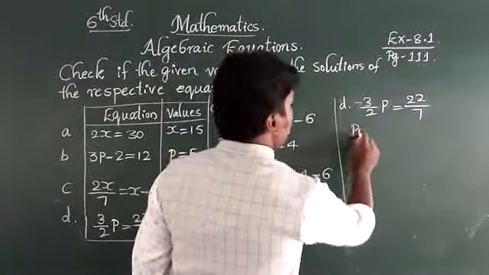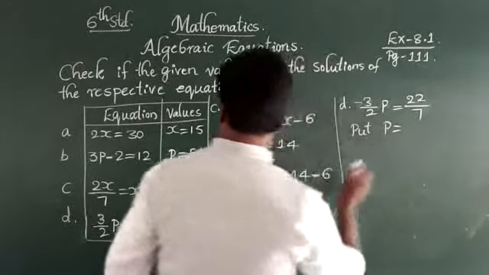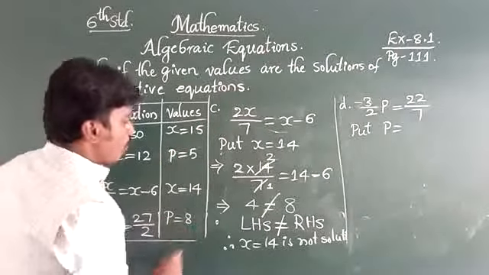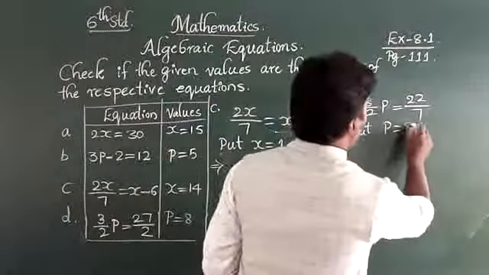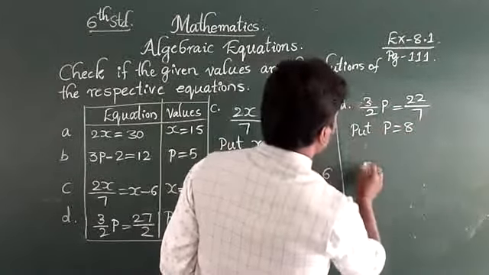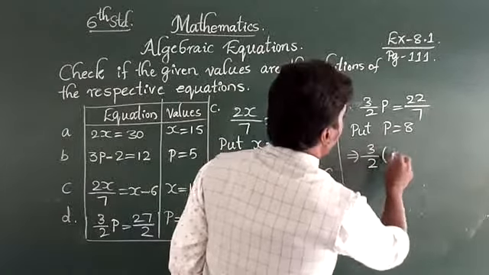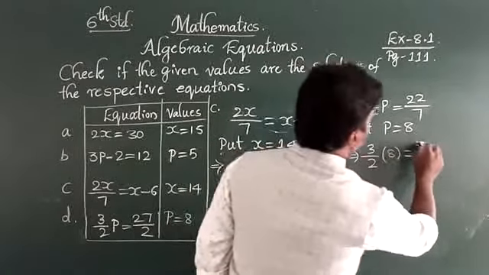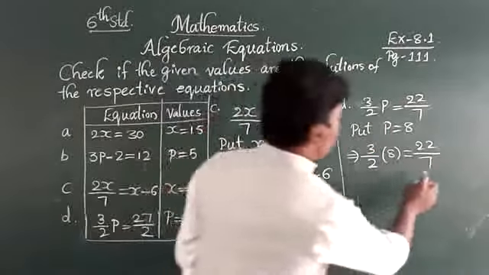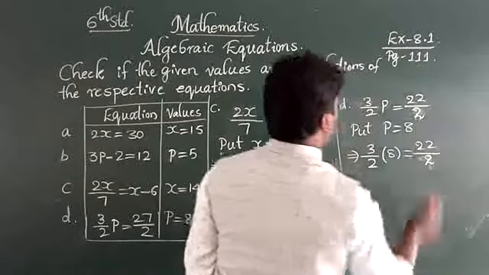So put p is equal to, how much? It is 8. P is equal to 8. In place of p, you put 8. So that implies 3 by 2 into p value 8 is equal to 22 by 7. 22 by 2, not 7, here also 2.